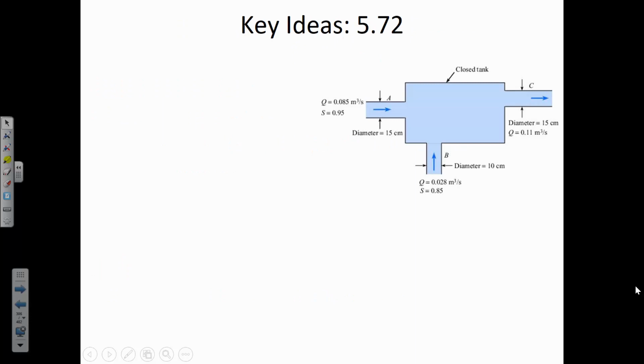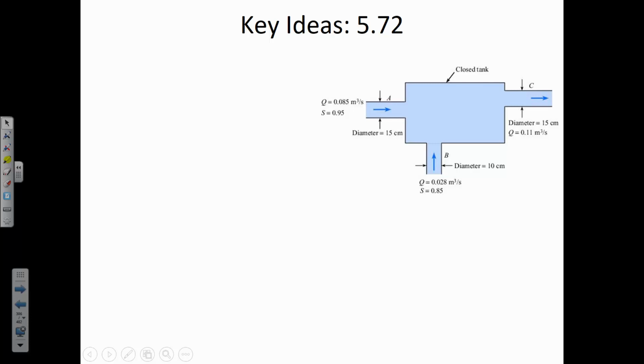All right. One of the problems that you've got on your homework assignment is a little bit different from anything else we've done so far, although you can apply most of the same principles. If you look at this, it's very obviously a control volume type problem where we're going to draw an imaginary boundary around this closed tank and keep track of what goes in and what goes out.